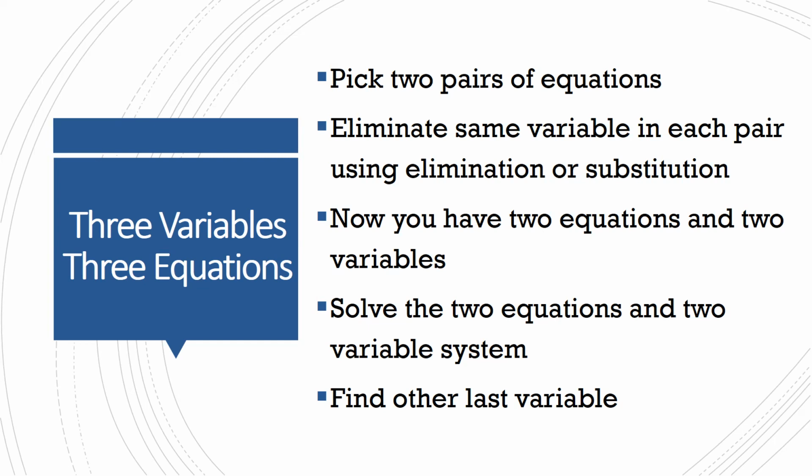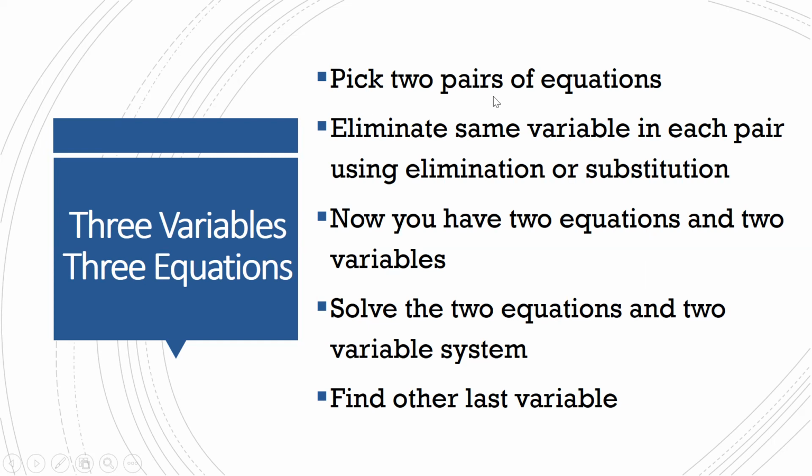Once you solve the two variable, two equation system, there will be one variable remaining. It will be the variable you eliminated. And so we can plug in our numbers and find that last variable.